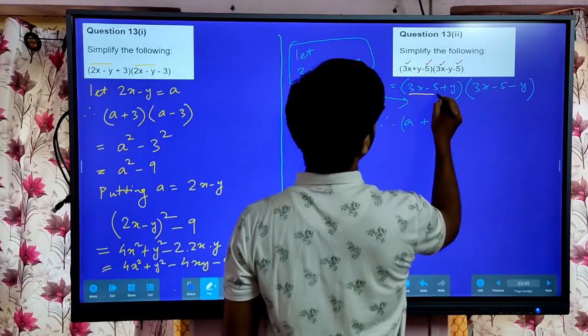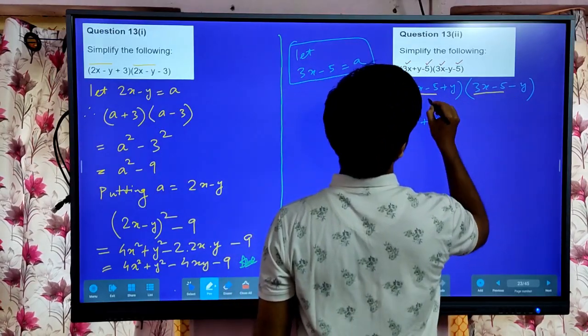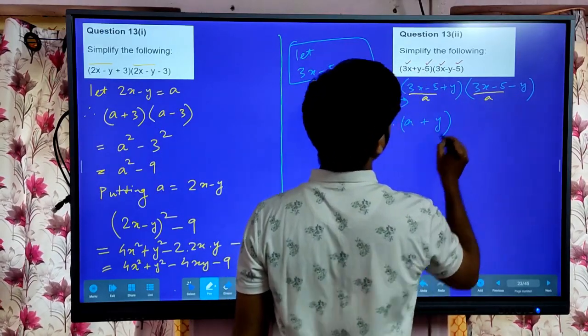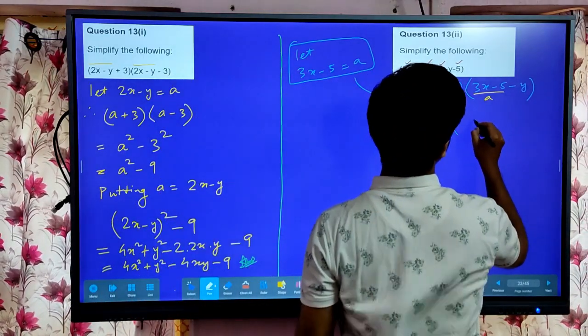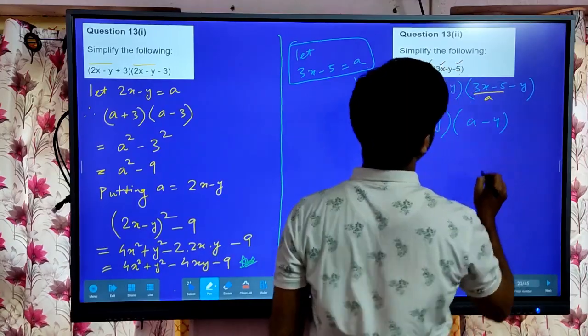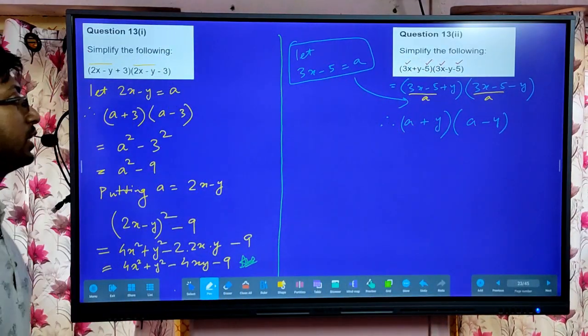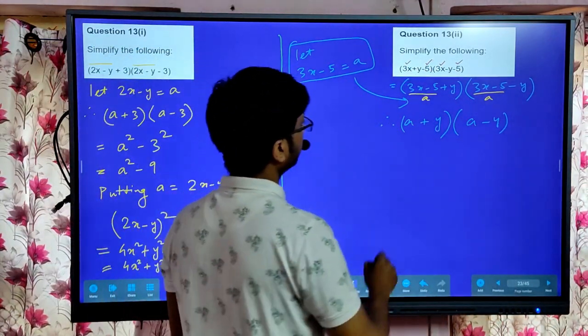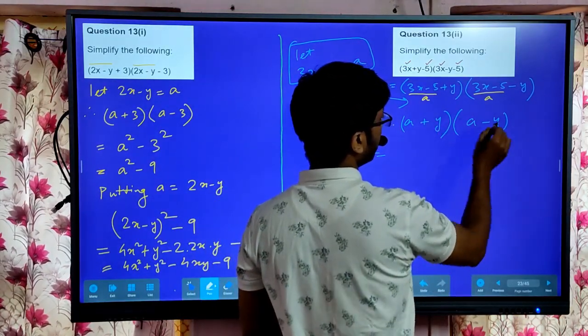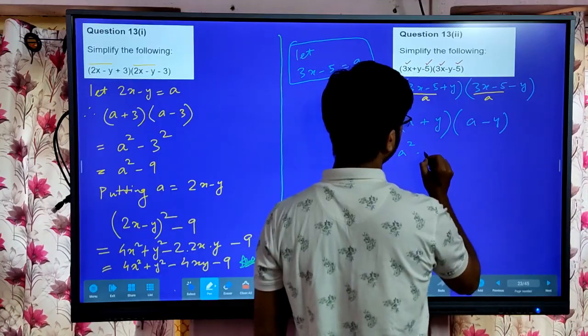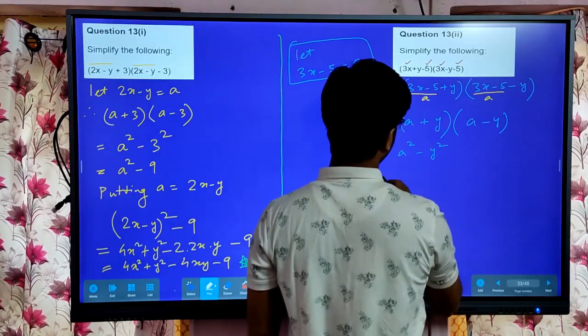This portion is a, 3x minus 5, this is a. So a plus y into a minus y. Okay, now you simplify. It will be a square minus b square, a plus b, a minus b, so it will be a square minus y square.